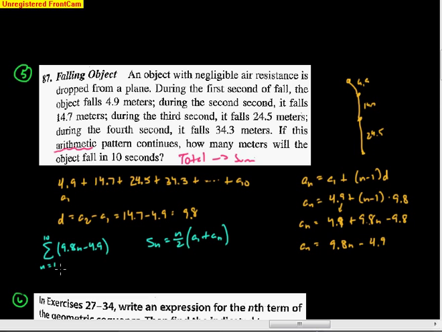Well, from 1 to 10, 10 minus 1 plus 1 is 10. A sub 1 was given to me, it's 4.9, and a sub n is me plugging 10 into that formula, 9.8 times 10 minus 4.9. And that is 93.1.